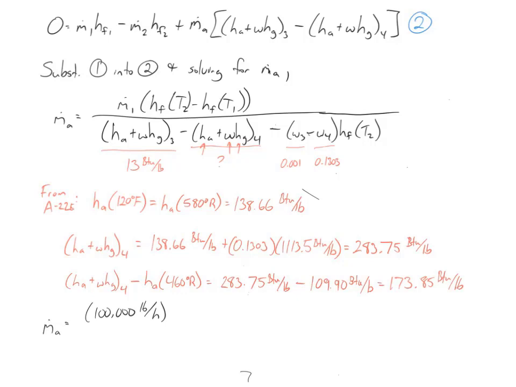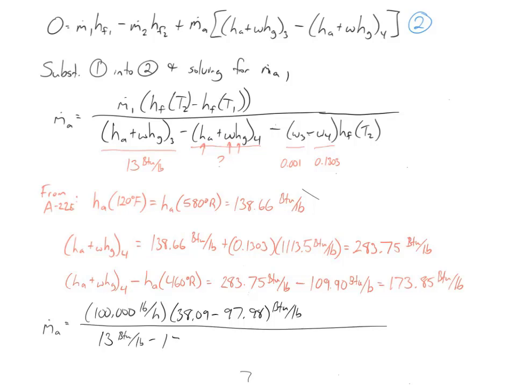And we have the enthalpy, saturated liquid at T2 is our 38.09 minus our 97.98, and that's in BTUs per pound, divided by our 13 BTUs per pound minus our 173.85 BTUs per pound minus 0.001 minus 0.1303 times our 38.09 BTUs per pound.